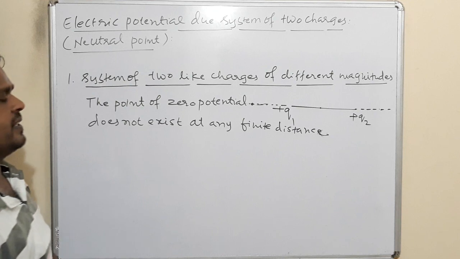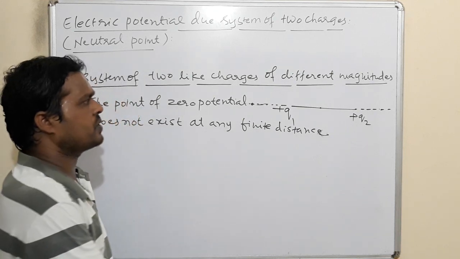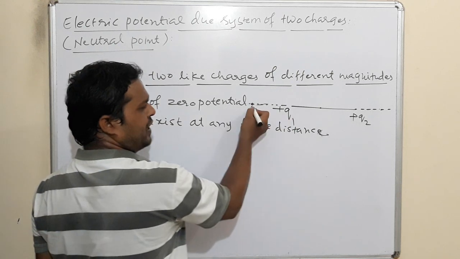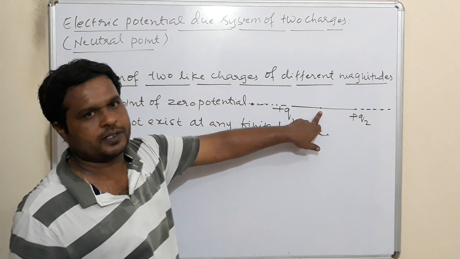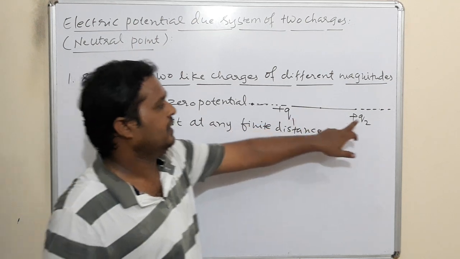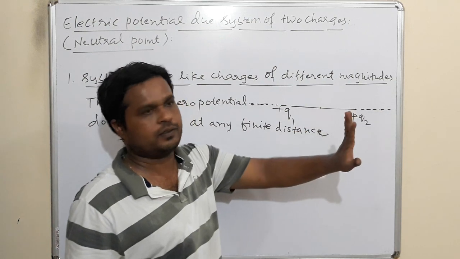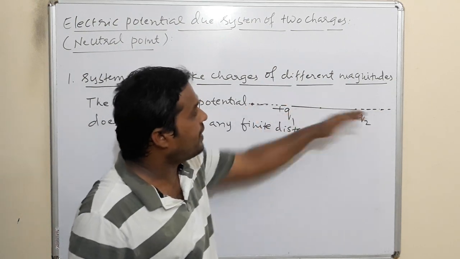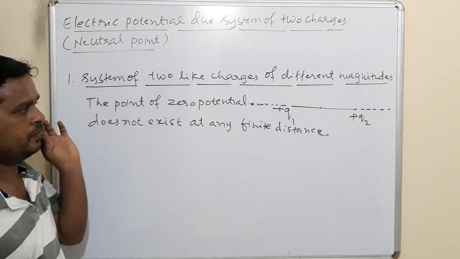Okay? If it is a system of like charges of different magnitudes, see at this point also both the potentials are positive, they will be added. At this point also, and at this point also. No direction. You should not put any directions because I told you electric potential is a scalar quantity.